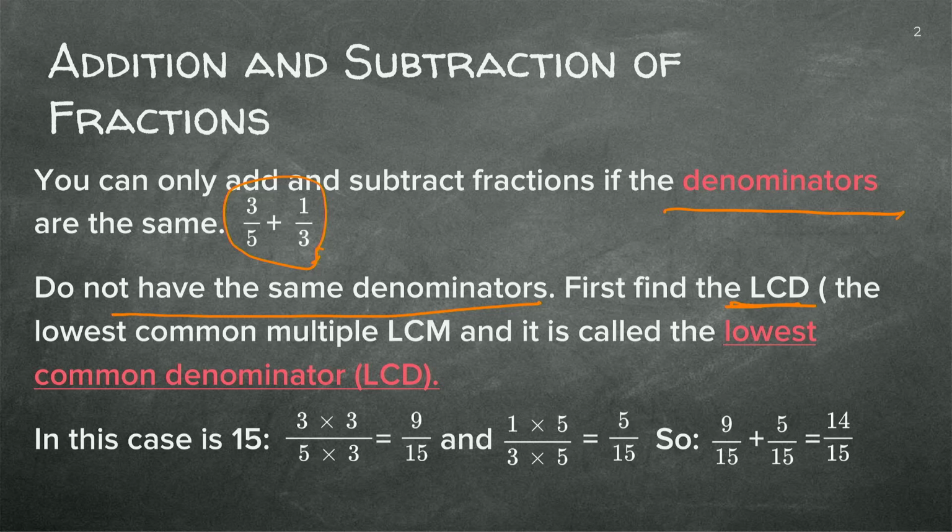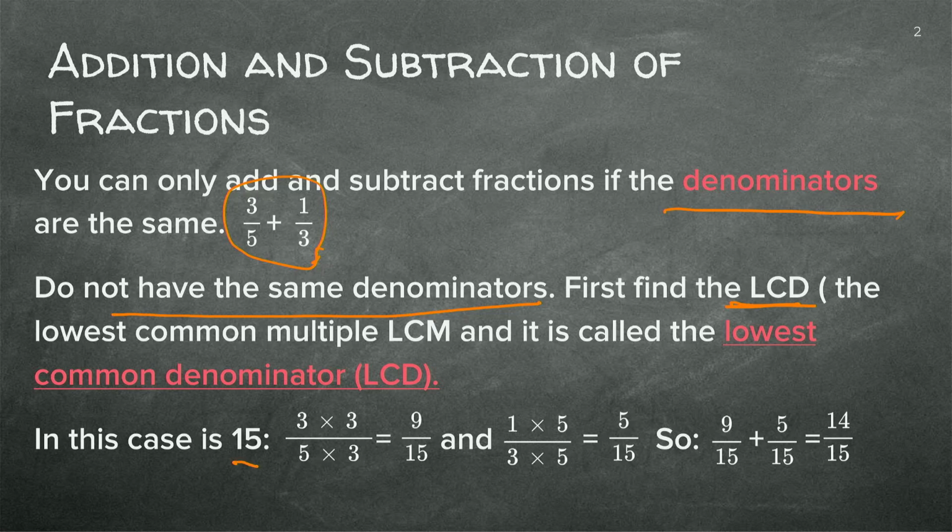This is the same as the lowest common multiple, but we refer to it as the LCD, or the lowest common denominator. Cool. I'm giving you the answer to explain the rest, but if you want to check it, you can pause and find out for yourself whether this is correct. So the LCD of 5 and 3 is 15.